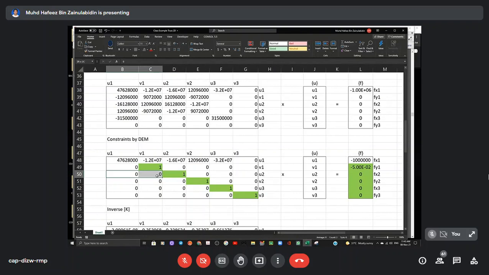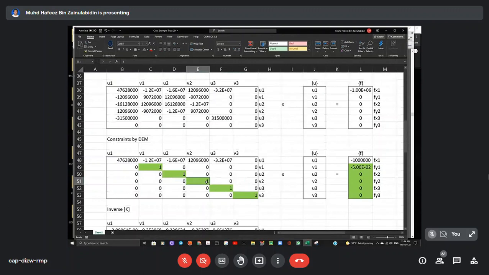Put 1 there, and make sure all other values in the same row become 0, even though initially they have values. Then make sure the value here is 0, because we want U2 equals to 0.